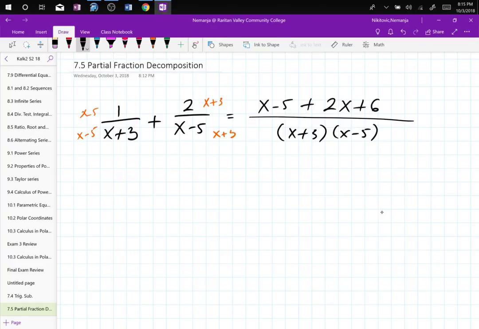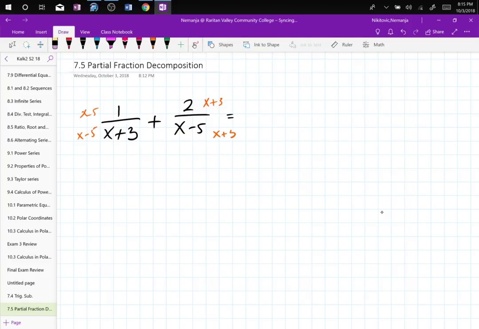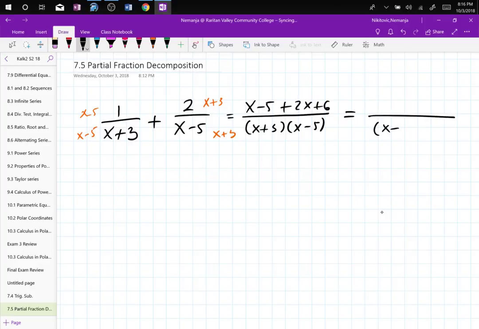So we have x plus 3, x minus 5, and then x minus 5 plus 2x plus 6 for the total. The denominator, we can FOIL it, is x squared minus 2x minus 15, and then we have 3x plus 1.